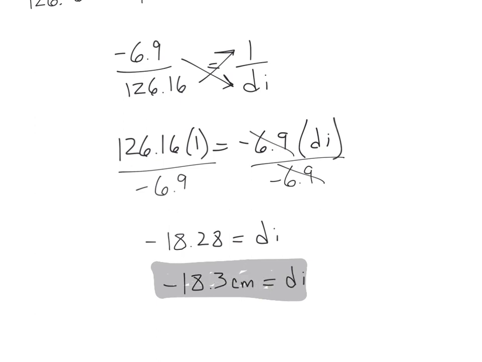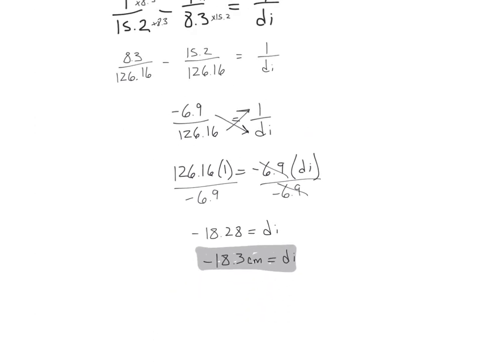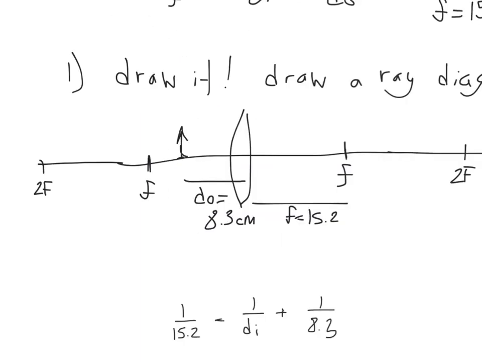Now, let's go up to our drawing and check that out. Okay, so if we draw in our little rules here, parallel to focal, and then we have V to V, and we have focal to parallel.